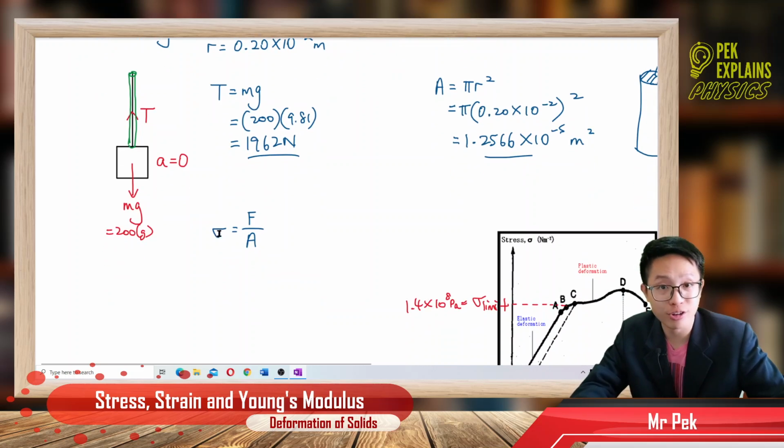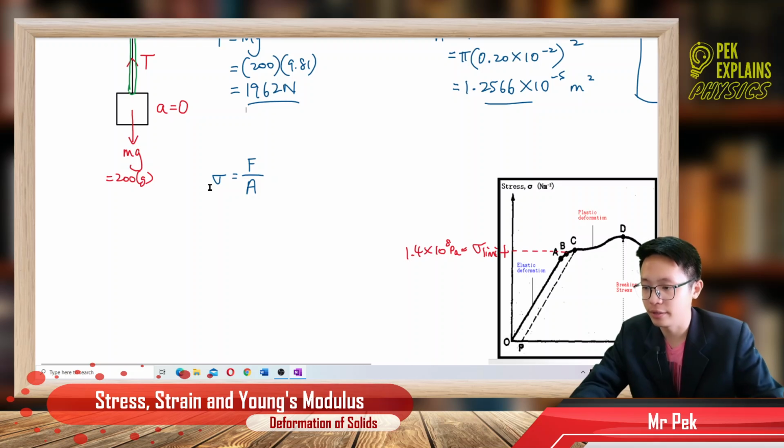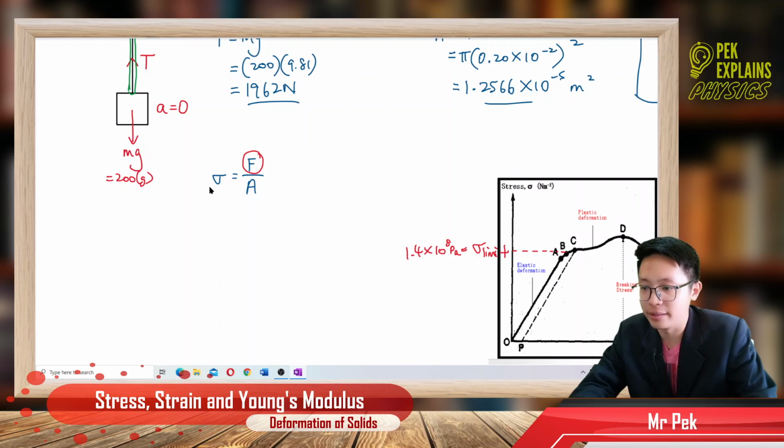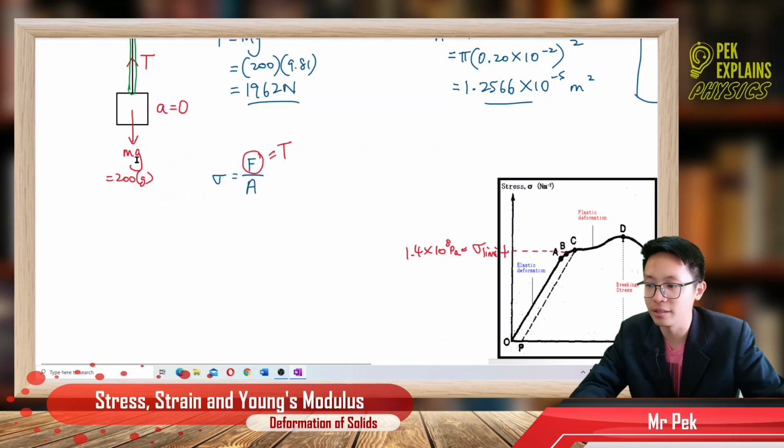So we can find the stress that exists inside the rod. Remember this one: the force that exists in the wire or the rod is always the tension, not the mass, not the mg.